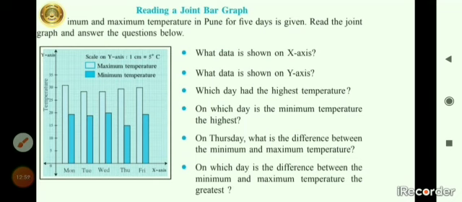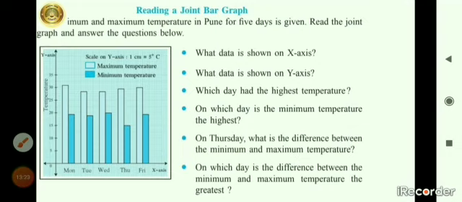Next is reading a joint bar graph. Minimum and maximum temperature in Pune for 5 days is given. Read the joint graph and answer the questions below. From the previous graph we can easily do the comparison.